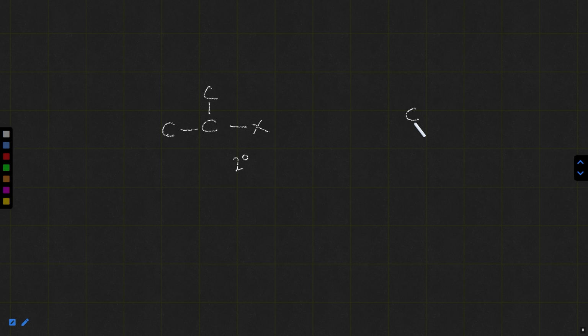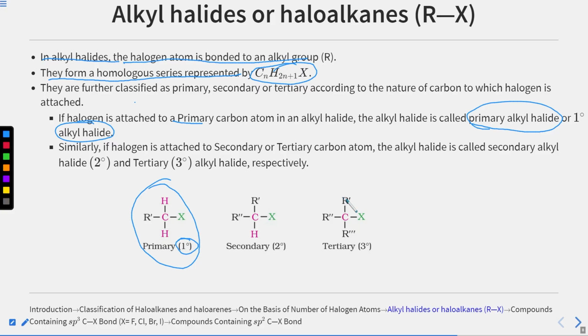Again, we attach one more carbon, that is 3 carbons in total, then we will get it as 3 degree. Remember this thing, that this R dash and R triple dash, all of these must have carbon in the starting. Okay, they should look like this.